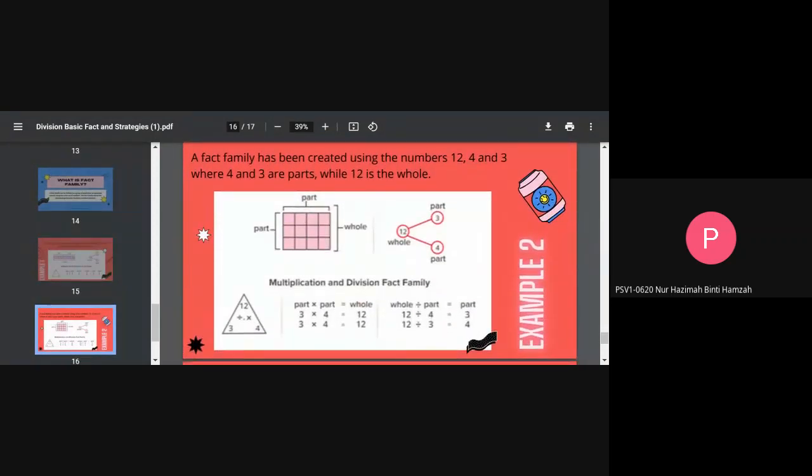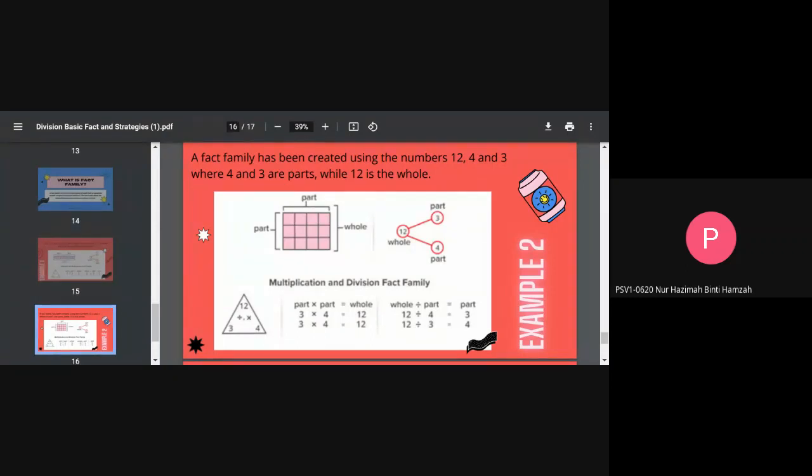This is example 2, where a fact family has been created using the numbers 12, 4, and 3, where 4 and 3 are parts, while 12 is the whole. This example is for multiplication and division fact families. As you can see at the block, there are two parts, one on the top and one at the side.